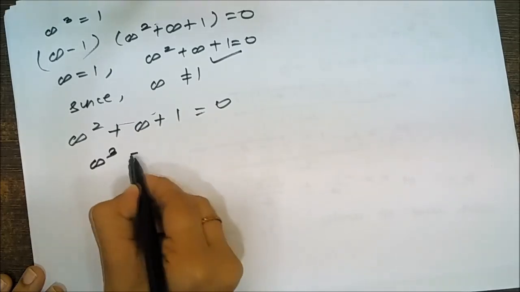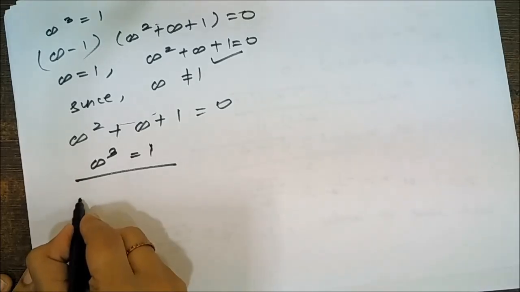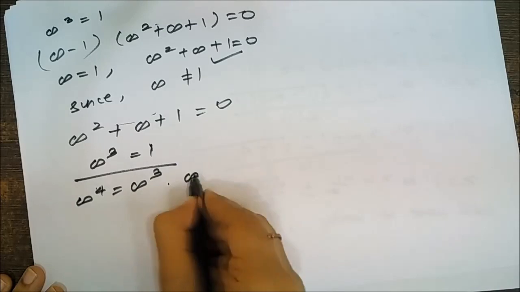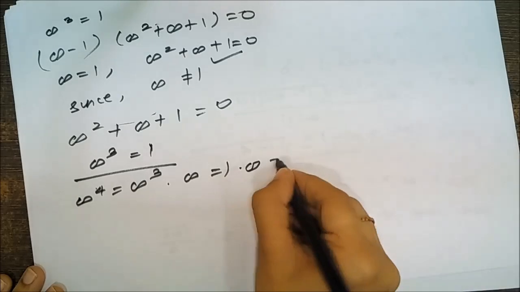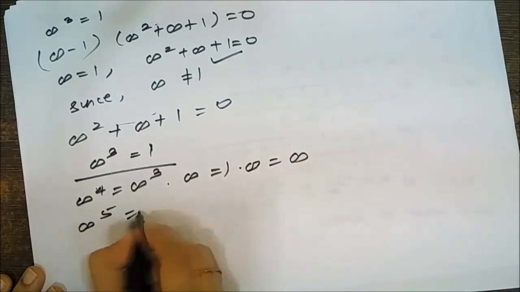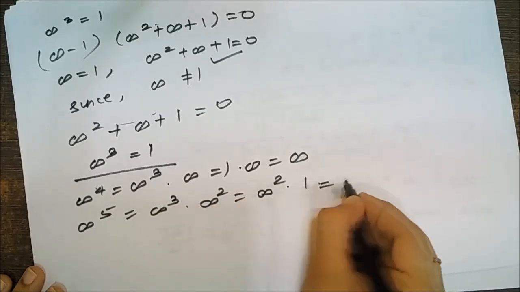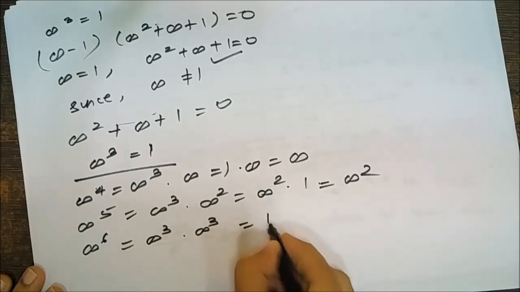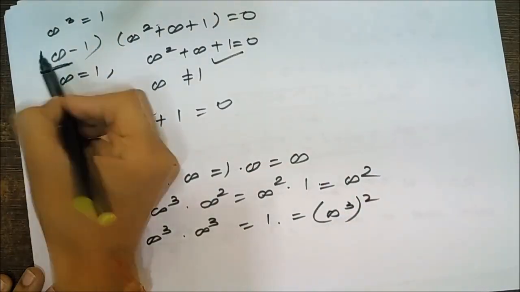But we have said omega cube is equal to 1, then we get the values. So that is all for cube roots of unity.